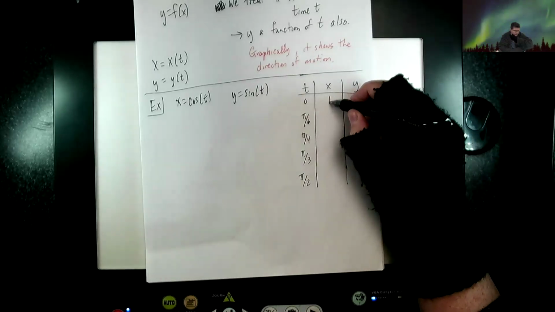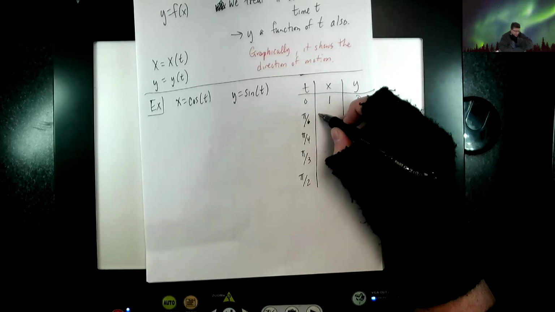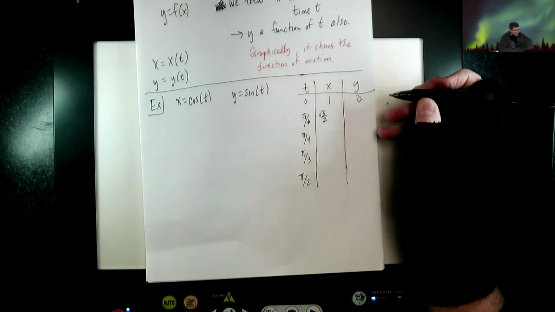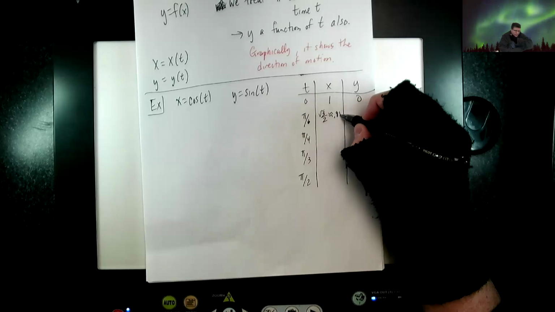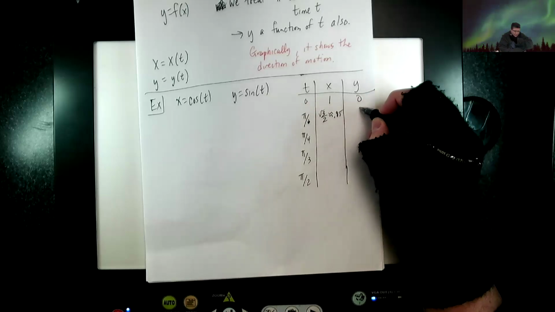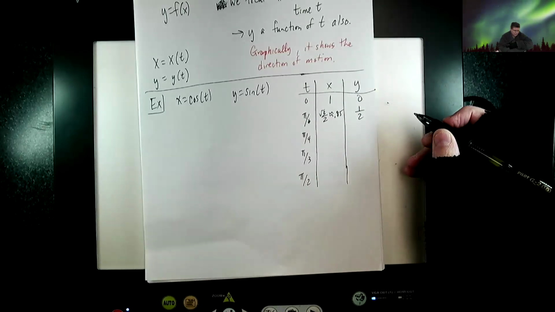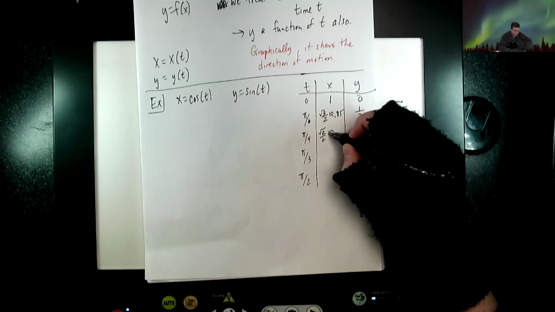And if we plug these in, we get 1, 0. We get root 3 over 2, which is about 0.85, and this is sine of pi over 6, which is 1/2. These are both root 2 over 2, which is approximately 0.7.